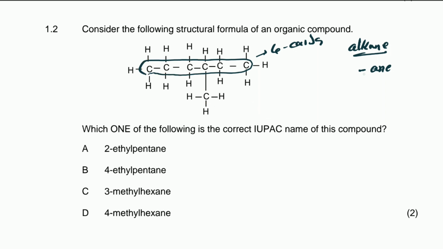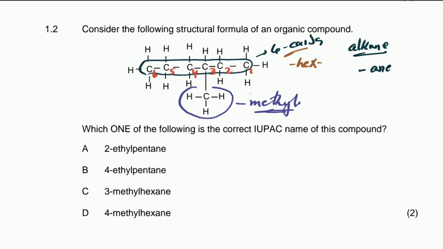So 6 is hex, just to follow the step. We have it ending in ane and have a hex. Now we're going to identify any substituent. Here you can see that you have a methyl. We're going to give numbers to the carbons starting from the end nearest to the substituent. So carbon 1 is this one, 2, 3, 4, 5 and 6.